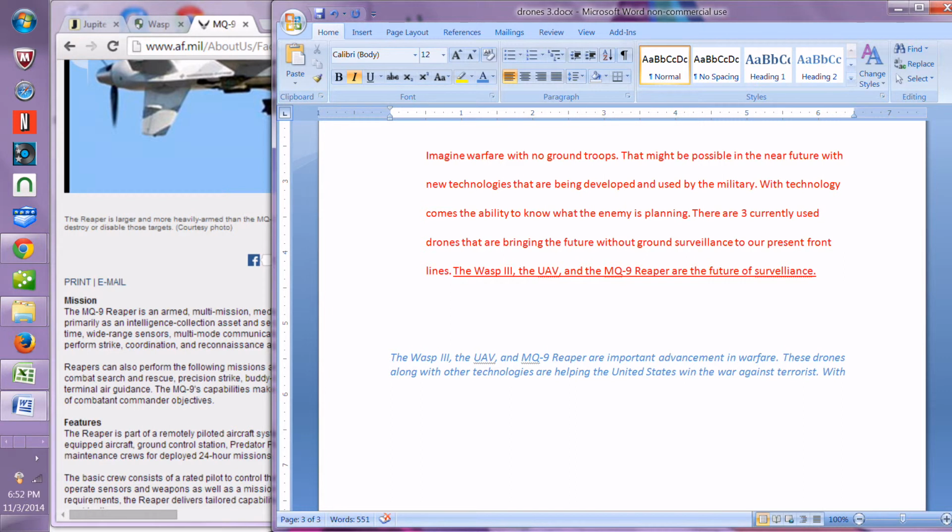So I want to go further out from drones and technology. So we're going from those 3 specific drones to drones and other technologies.